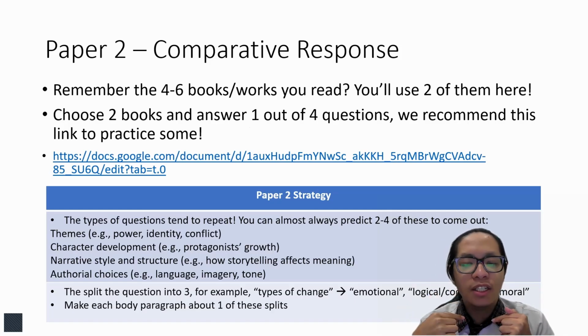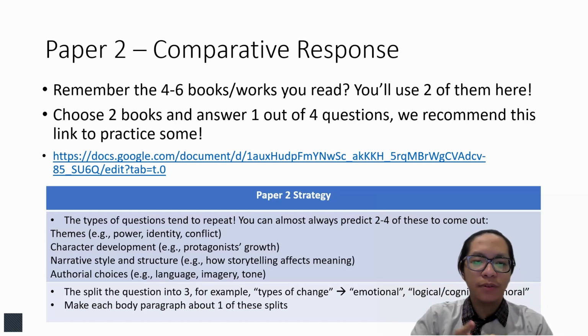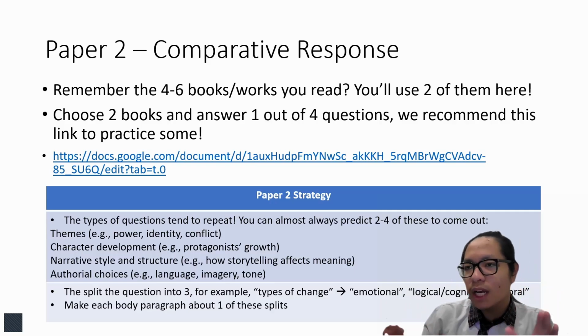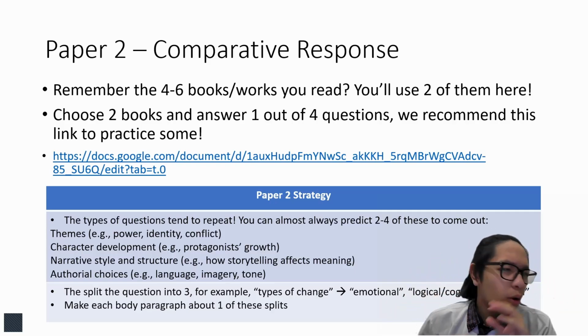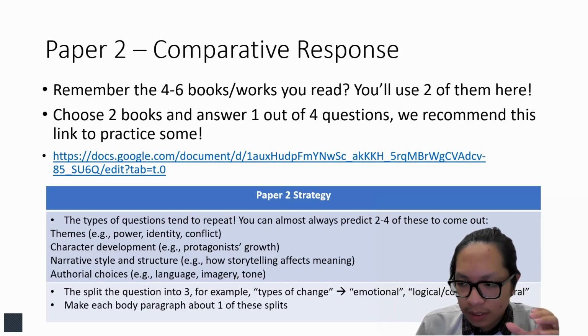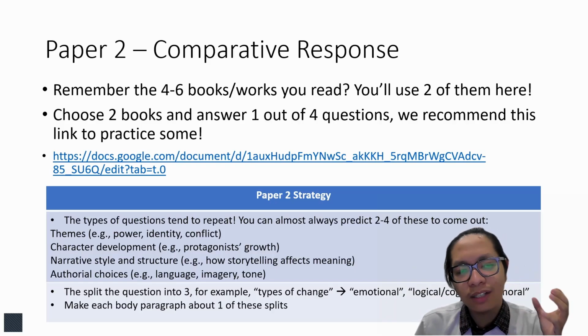And my general Paper Two strategy is, again, we're going to linearize this, because there are questions, especially in Paper Two, that love to repeat. They're always similar. Year after year, you're going to find questions similar to one of these, because it's an important thing to ask.